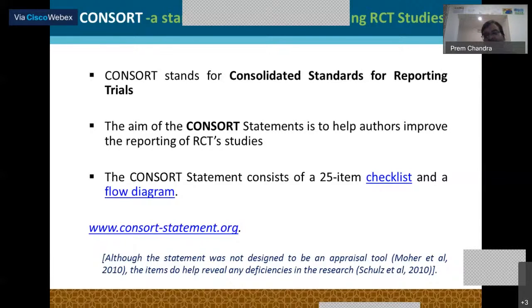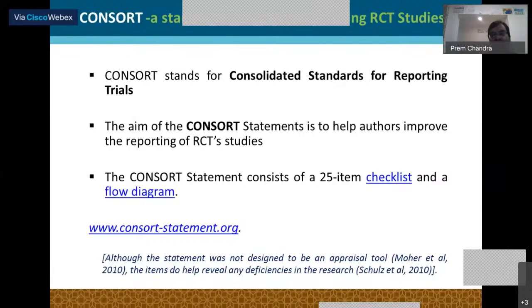In the limited time frame, we are just touching on the concepts. We all know that every component requires 3-4 hours to explain in detail. So keep in mind that this is just about the basic concept of why we need critical appraisal and what is the difference between critical appraisal and guidelines.